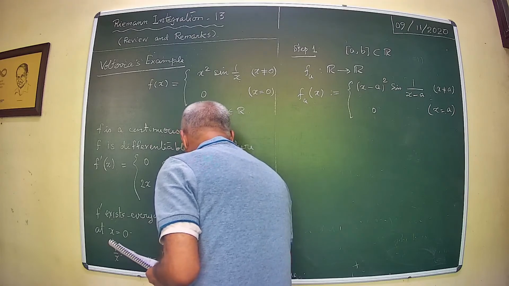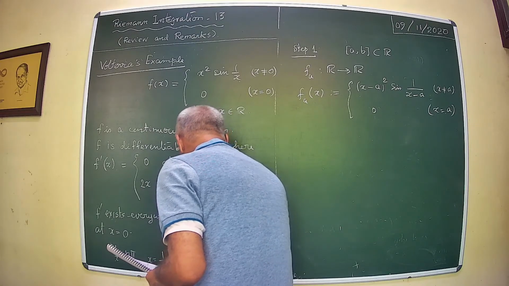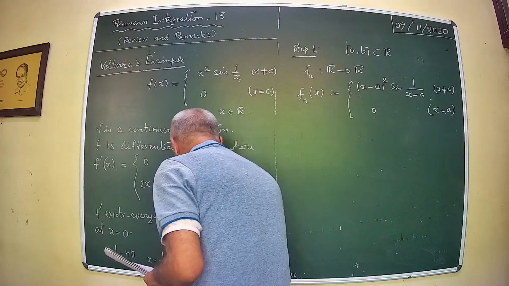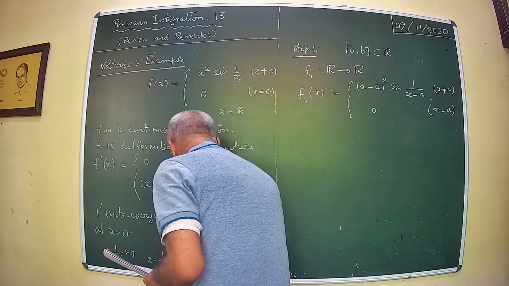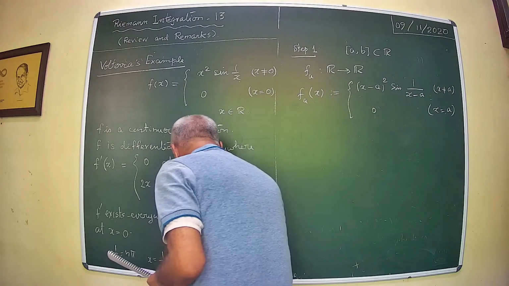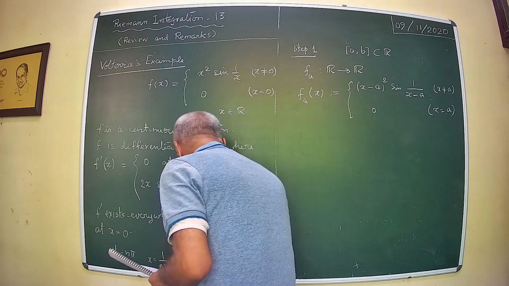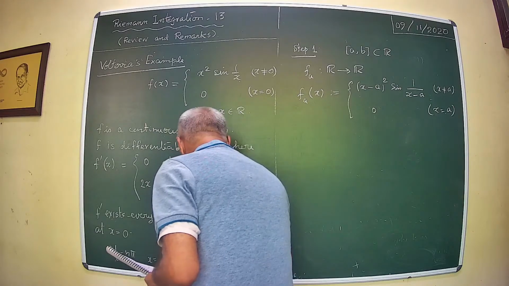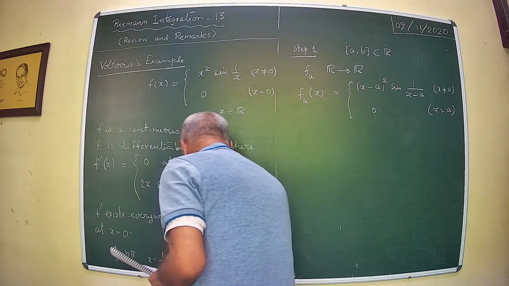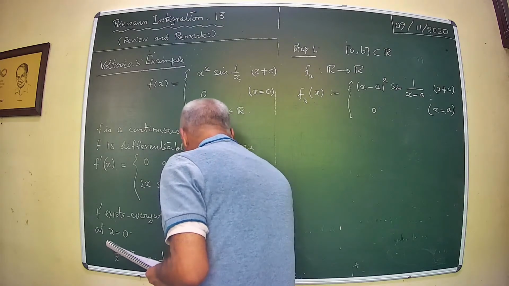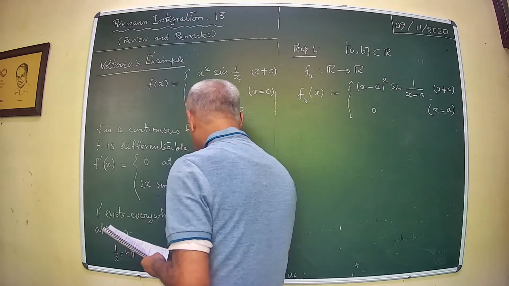The function which is coming down and then going. This is 1 by pi. So it just shoots up like this.